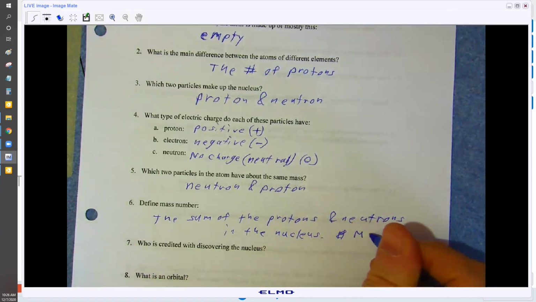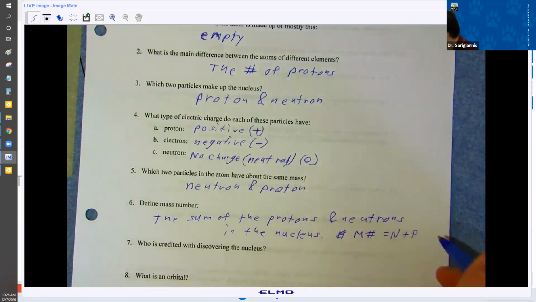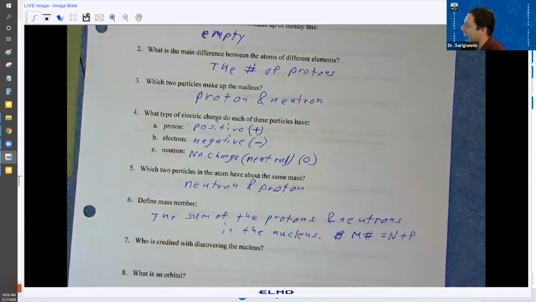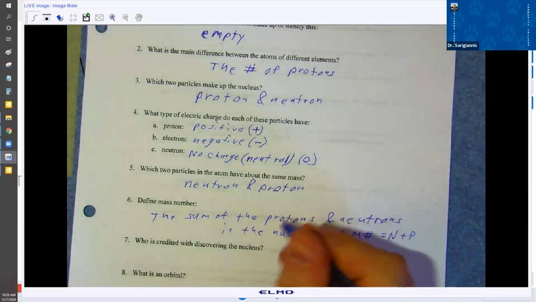And in my notes, it says the atom. Is that the same thing? Yeah, for mass number, I mean, okay. Protons and neutrons only occur in the nucleus. So yes, it's the same as in the atom. The atom has both a nucleus and electrons right around it. So it's the nucleus of the atom.